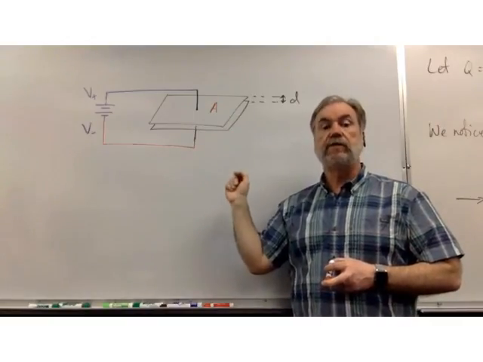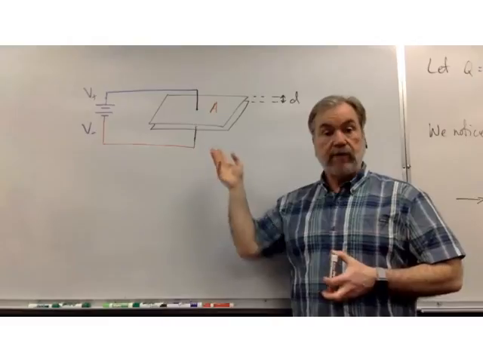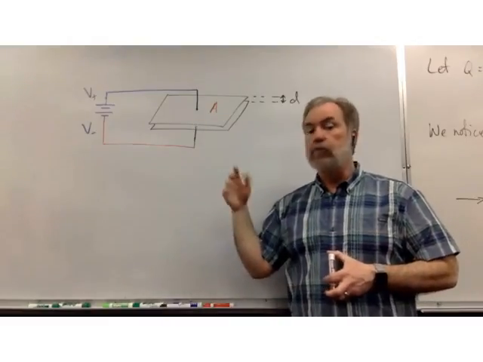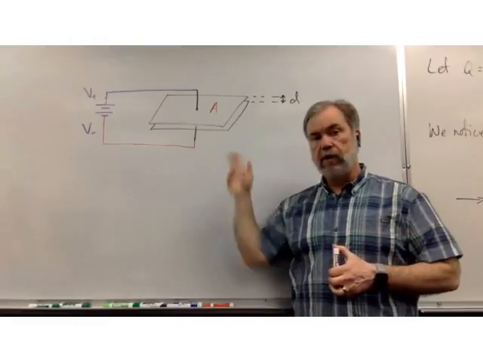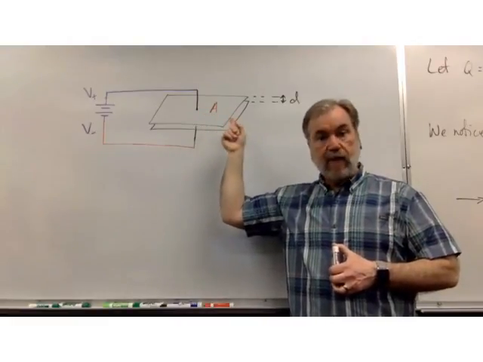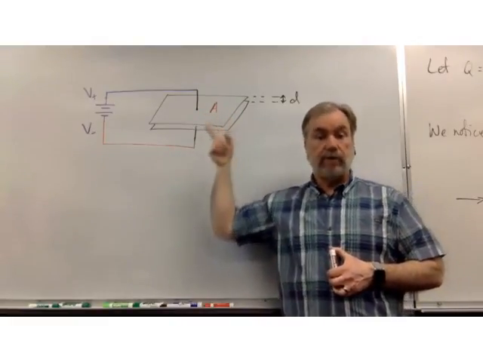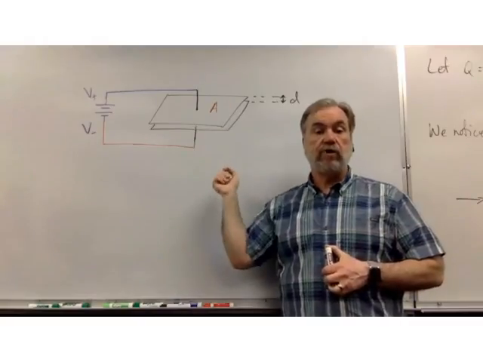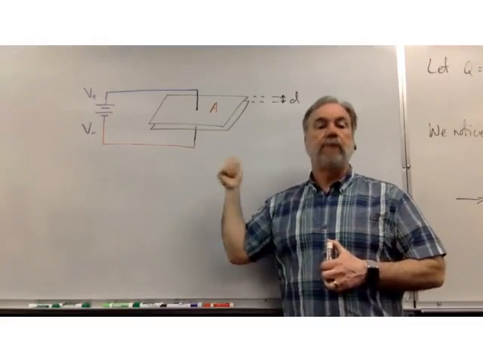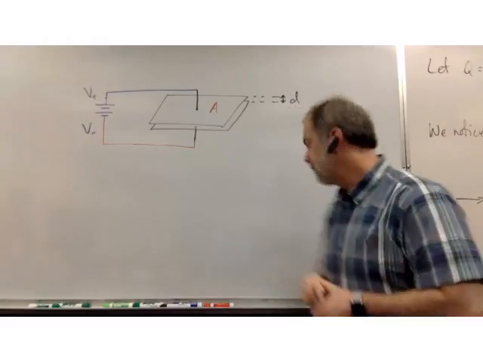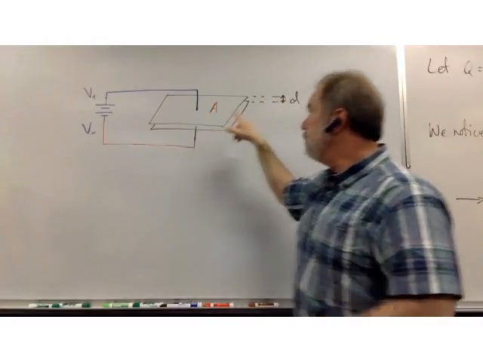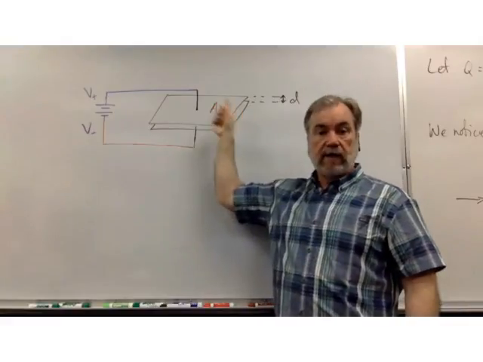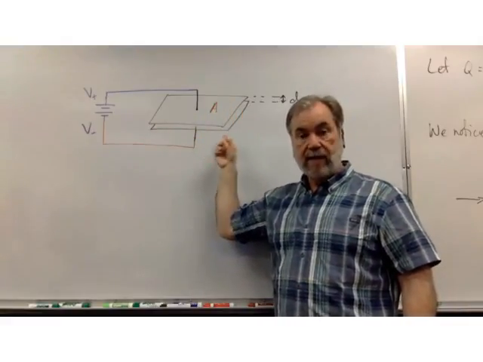And so Q is essentially the magnitude of charge on just one of the plates. We don't double it and call it 2 times Q or anything else like that. When we talk about A, we're talking about the area of just one of the plates. When we talk about Q, we're talking about the magnitude of the charge gained or lost by just one of the plates.